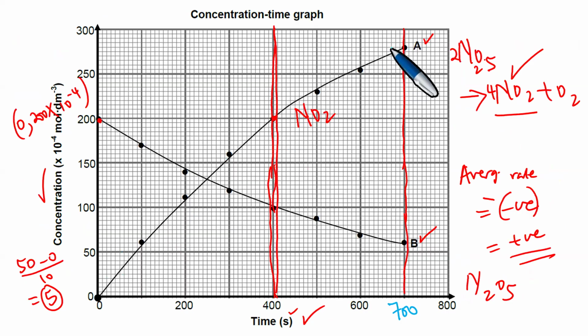We said this graph A shows an increase in the NO2 concentration. So we continue.